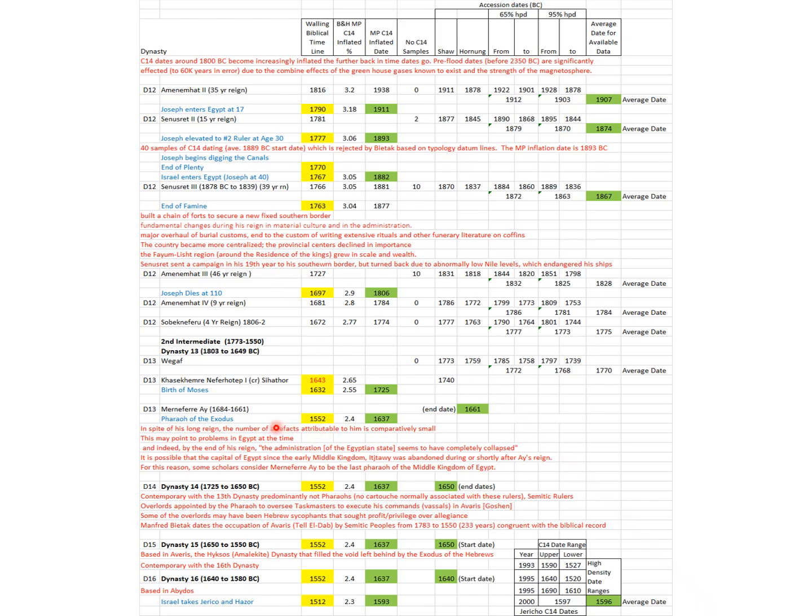And as we just mentioned earlier, right about the time of the Exodus, there was a little glitch in the carbon 14 dating of about 30 years or so, maybe a little less. So we're showing it inflated at 1637. What happened is that a volcano went off on the island of Santorini.